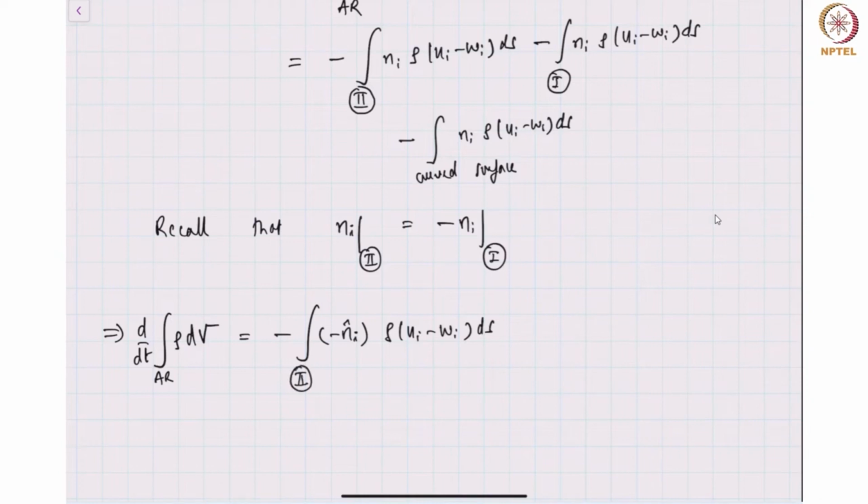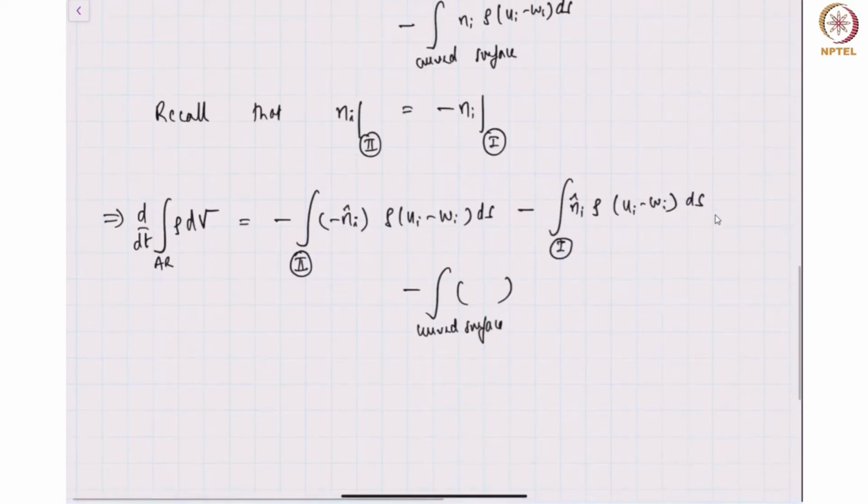Then I have minus n_i hat rho (u_i minus w_i) dS. This is over region 1. And then I have minus an integral over the curved surface.